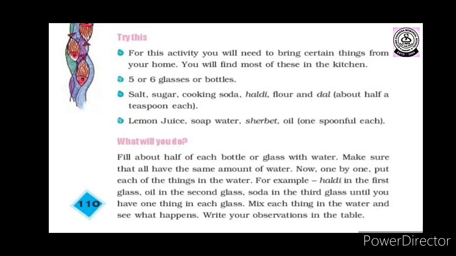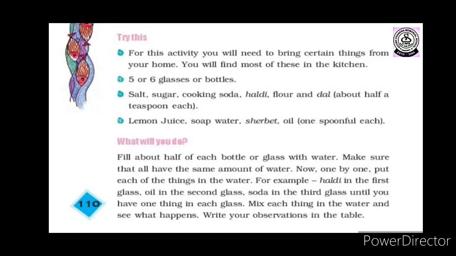Now one by one put each of the things in the water. Whatever things you have taken, put them one by one in the water: salt, sugar, cooking soda, haldi, flour, dal, lemon juice, soap water, sarbat, oil, whatever you have taken.